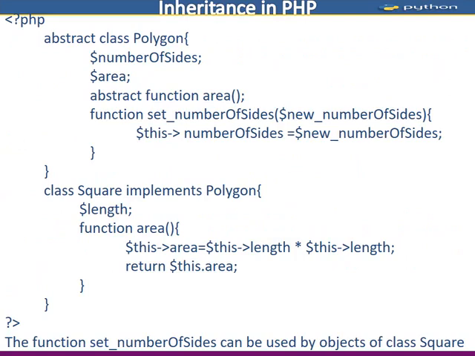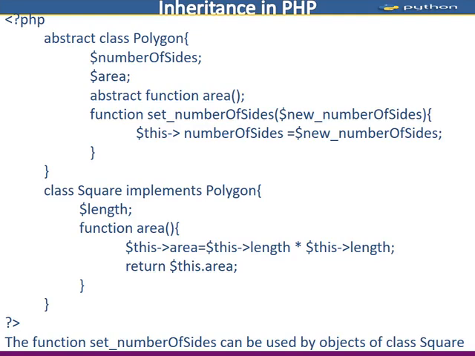Let's take an example of extending an abstract class using the abstract keyword. We have the parent class as the abstract class Polygon, with the number of sides, area, and the abstract portion area. We have the subclass as the class Square, implementing Polygon, so it must be implemented by the subclass.